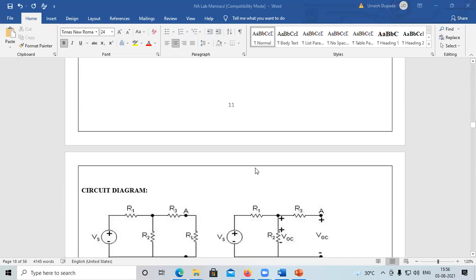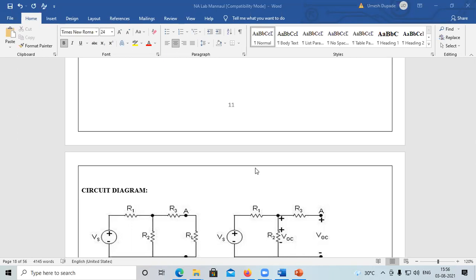Again, we know the steps to be followed while solving Thevenin's theorem. First of all, remove the load resistance RL. After removing the load resistance RL, mark the terminals A and B. Across those terminals, find the open circuit voltage VTH or VOC. This open circuit voltage is nothing but Thevenin's voltage. Now, as seen from terminals A and B, find the RTH.